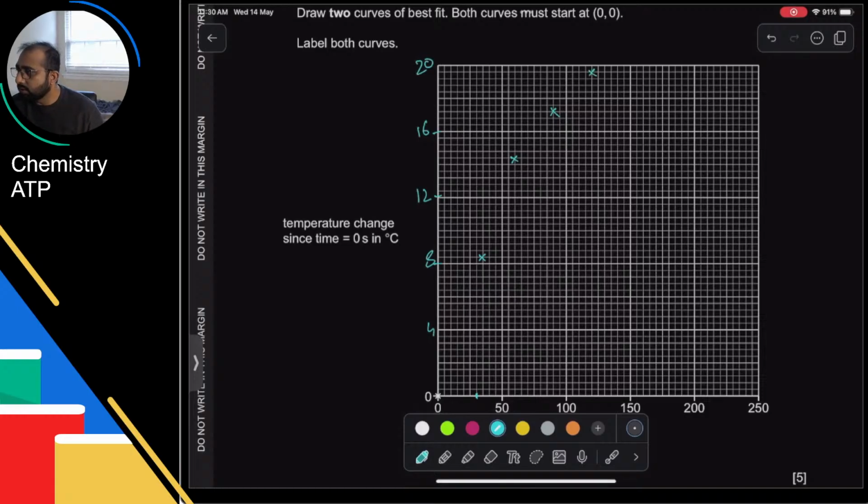And 20 at what? 20 at 150. So 20 at 150. And then 19 again at 180. And then 18 again at 210. So 18 at 210, which is probably here. Okay, so this is one curve.